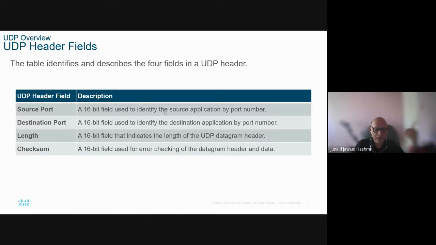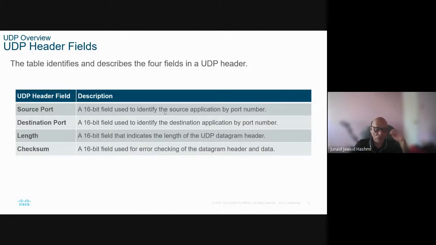The port identifies a specific application. For example, whether you're accessing FTP, a web page, or using telnet to connect to a remote server. That's why ports identify all these services.